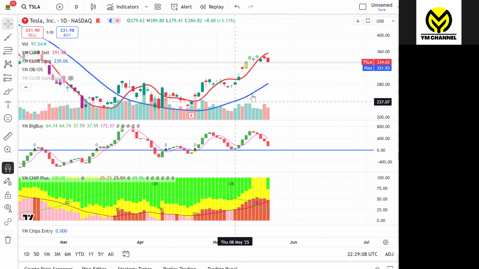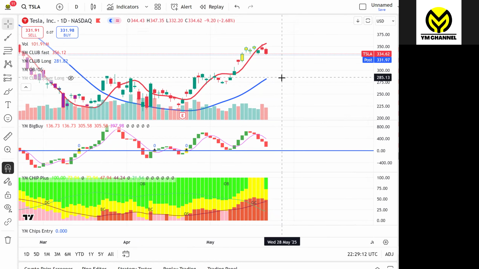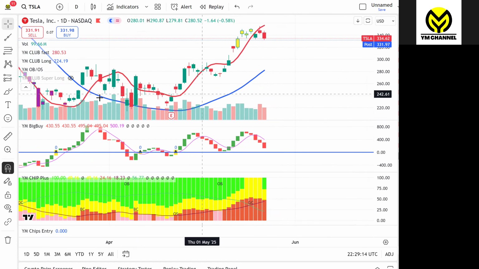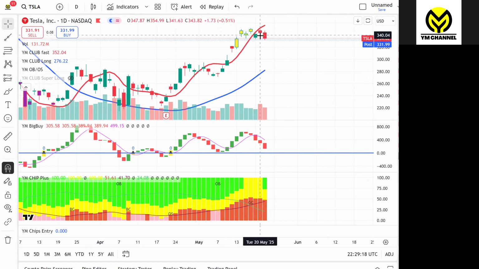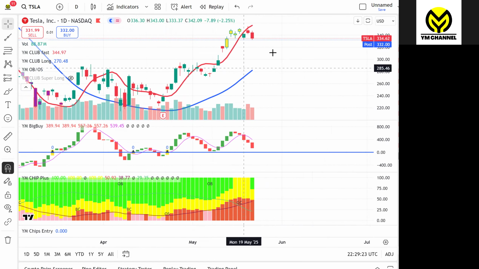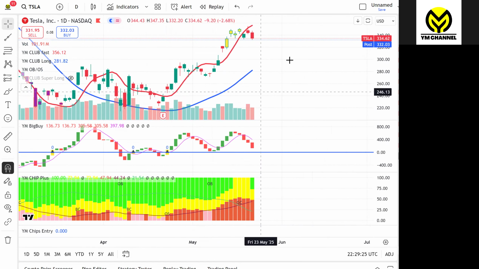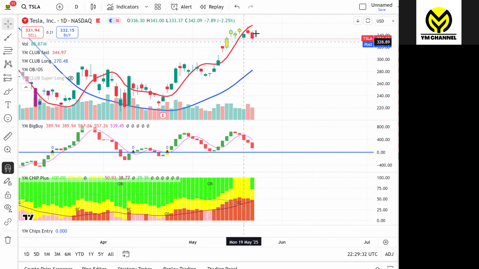Remember, we trade when the blue is going upward. If you are a long-term investor, you can also reduce here. It's up to you, but it's not necessary. You can buy and sell later when they drop below the blue. Now for the regular timeline we don't have a sell point, but we have a sell point for the short-term investor.